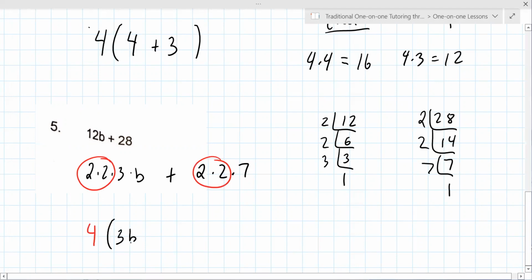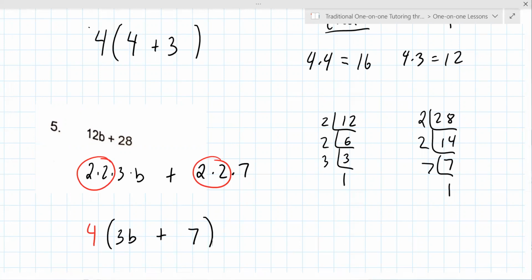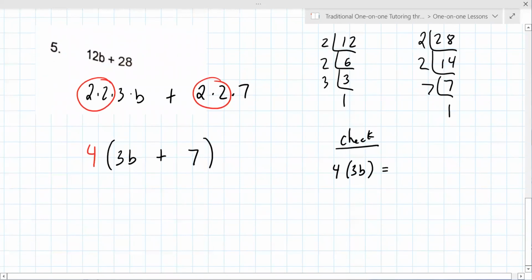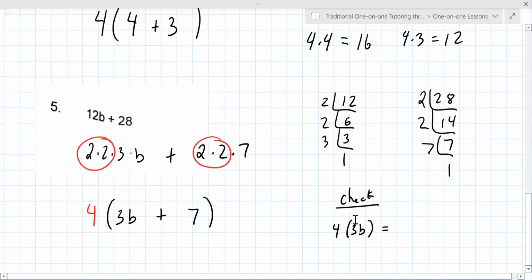It's 3 times b, plus a 7. And then your check is to take the 4 and multiply it by 3b. Okay. And maybe that's new. I don't know. Is that new to you? 4 times 3b? No. Okay. And we worked on this a little bit in class today as well, for the algebra.